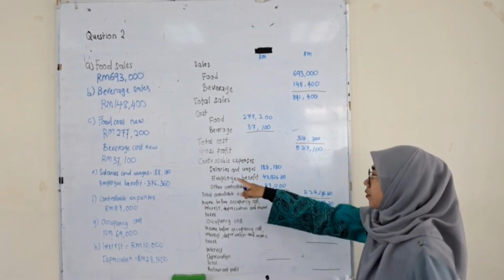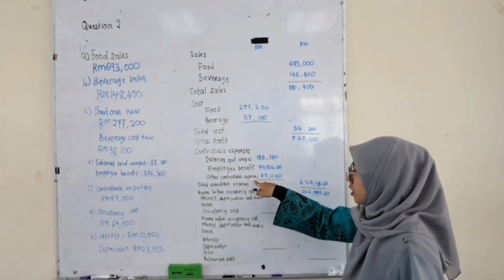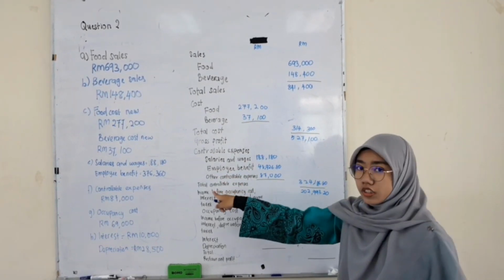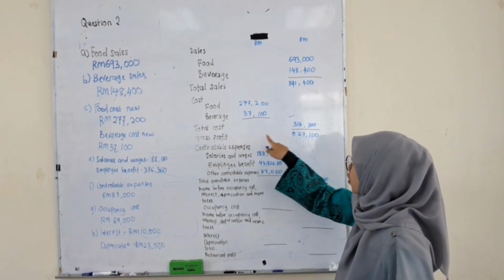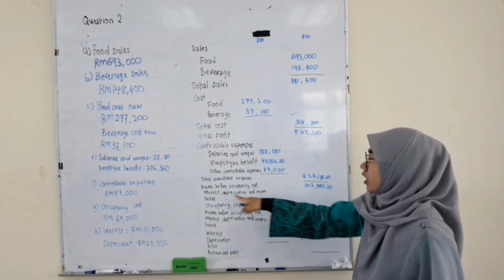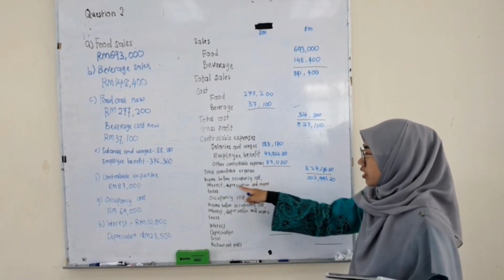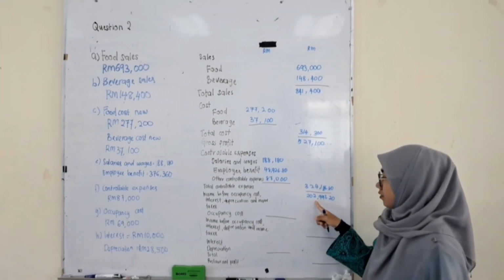So after we add salaries and wages, employees' benefit, and other controllables, we get the total controllable expenses. After that, we take gross profit minus total controllable expenses. We get income before occupancy cost, interest, depreciation, and income tax.